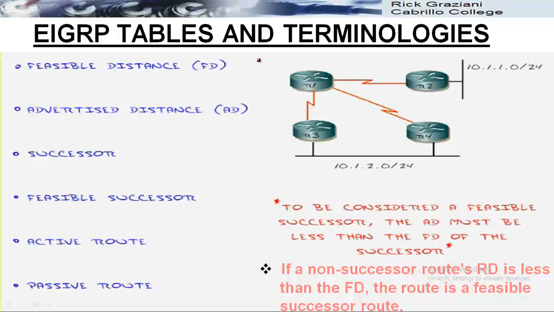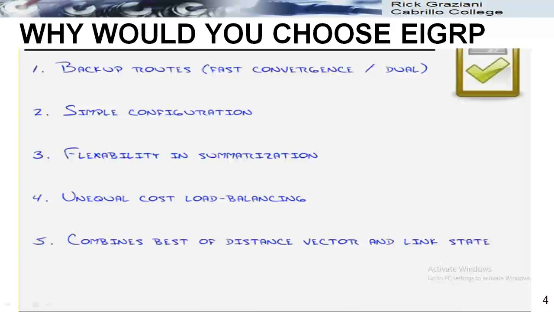Some of the reasons for that is it is the only routing protocol that keeps backup routes, which of course gives us fast convergence. By only, I mean when you look at OSPF, you'll realize that OSPF also has a topology table. They call it a link state database, LSDB.